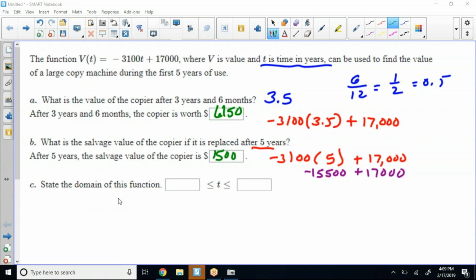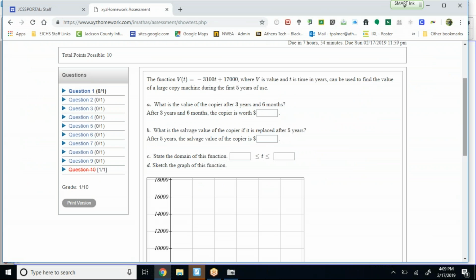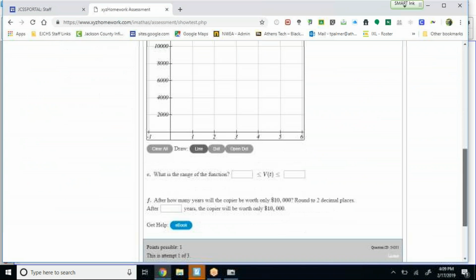Okay. So it says state the domain of this function from 0 to 5, because we're only going to look at finding the value of a copier during the first 5 years of use, right? So our domain's 0 to 5. Now, let's sketch the graph.